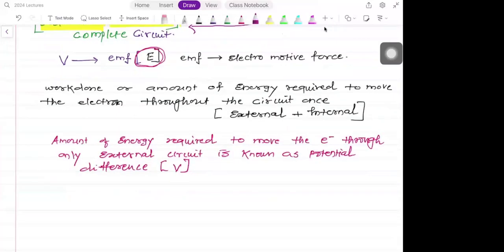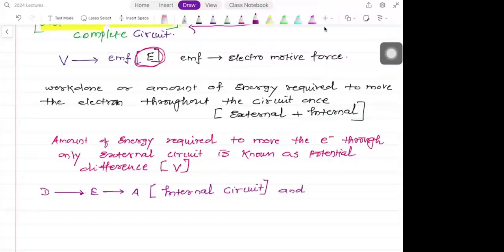When the circuit is from D to E and from E back to A, it is known as internal circuit. I told you this.